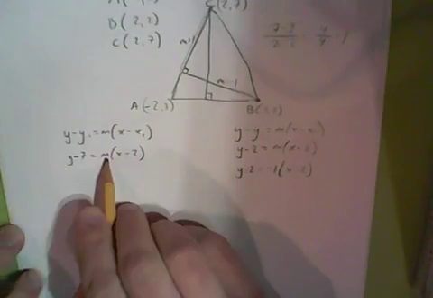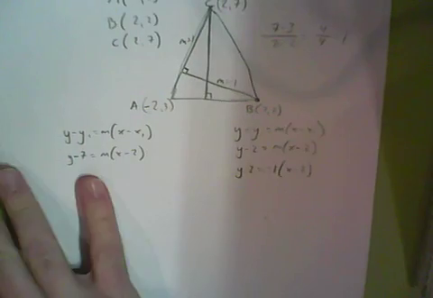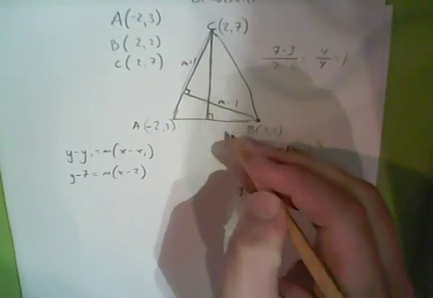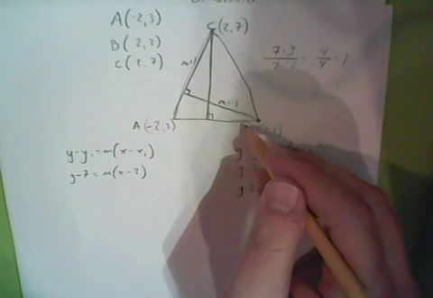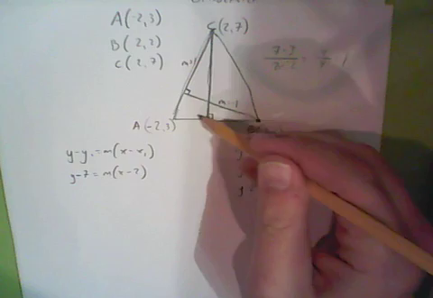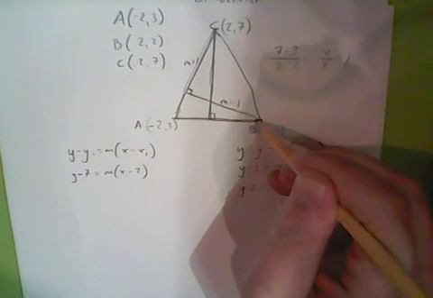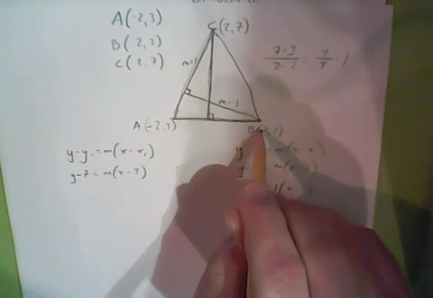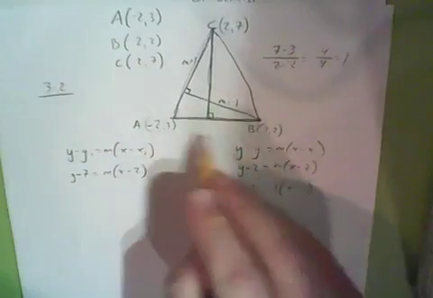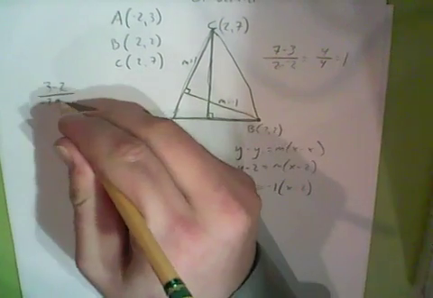Alright, now I have to find the slope of this line, and on my paper it looks vertical, but it is not. Again, to find the slope of this line, I know that it's perpendicular to this one, so I find the slope of this segment going through A and B, and then do the opposite reciprocal. So the slope would be 3 minus 2, change in y's, over change in x's, so -2 minus 2.